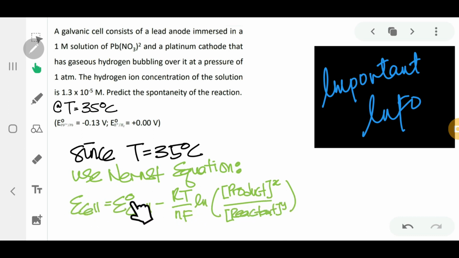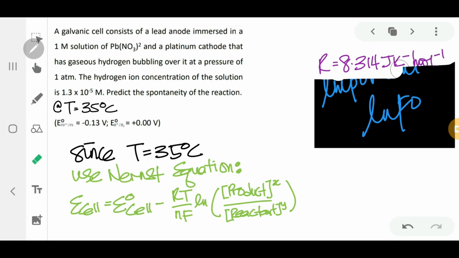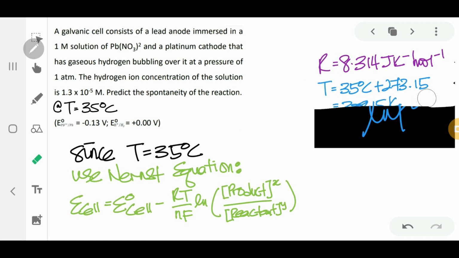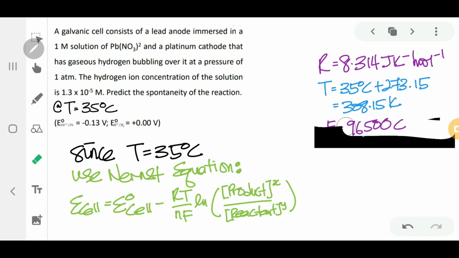When you want to use the Nernst equation, you need to know the value of R. You need to work out the temperature in terms of Kelvin, and you need to know the value of Faraday's constant. And what you have is here. This is what you need.